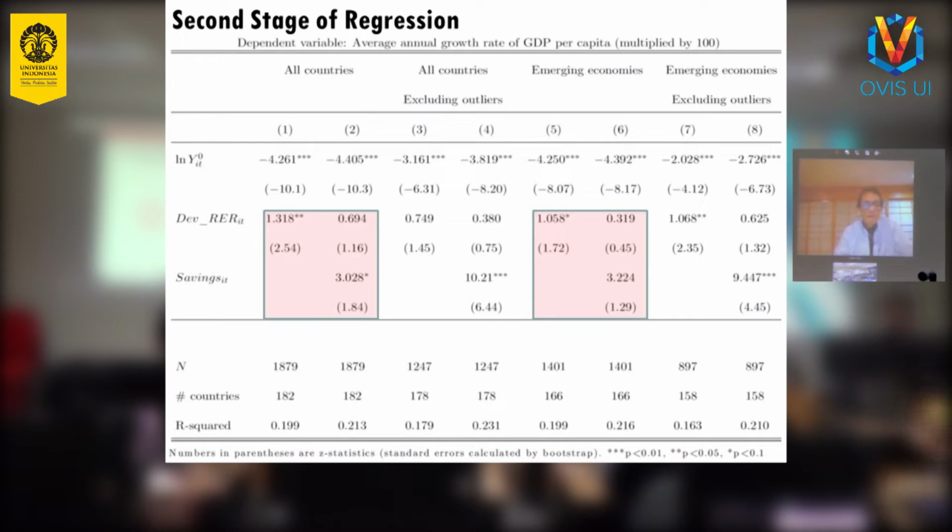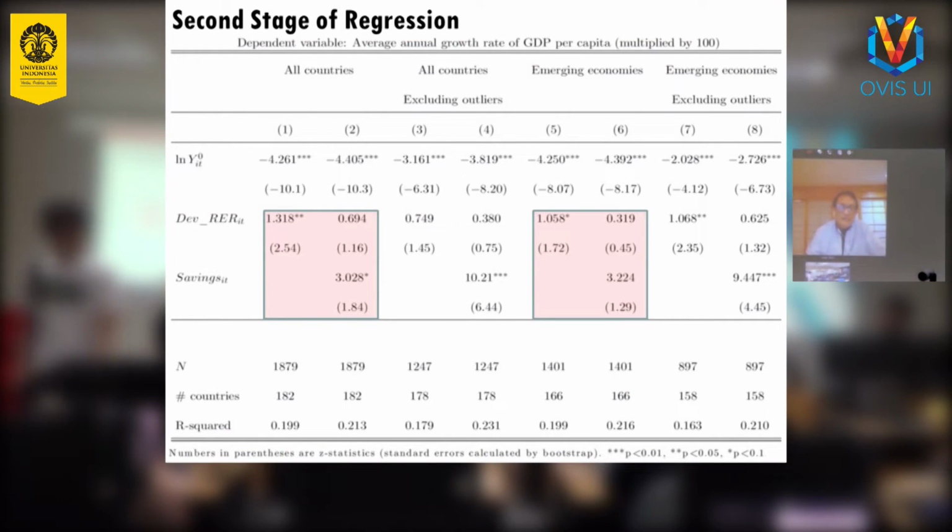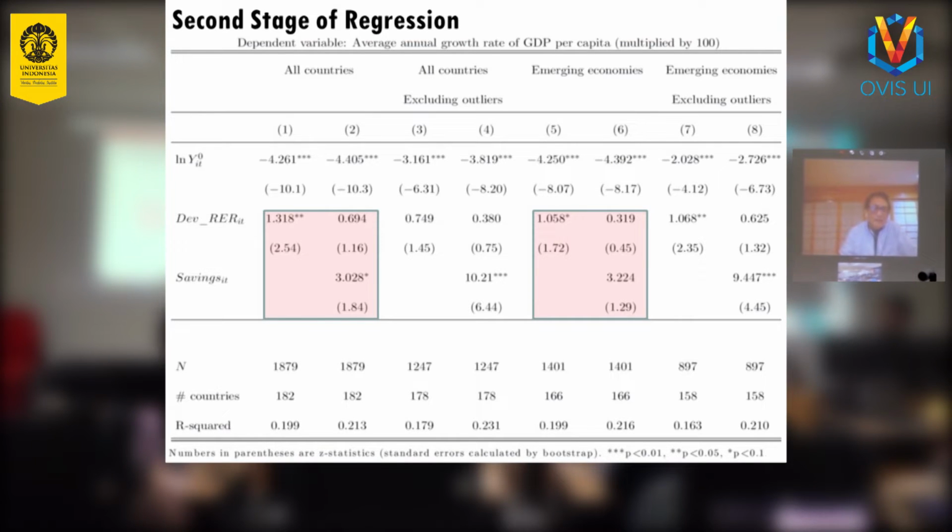So you can see, for example, the degree of significance drops from 2.54 standard deviation to 1.16. So from this exercise, one can conclude that it is still questionable whether exchange rate will affect the GDP growth.